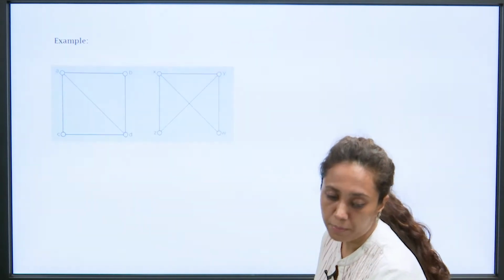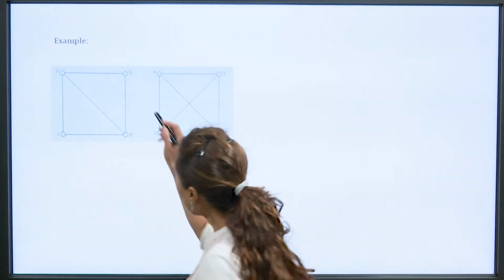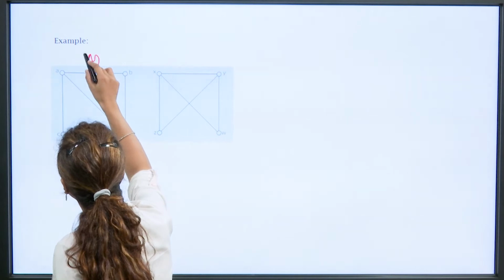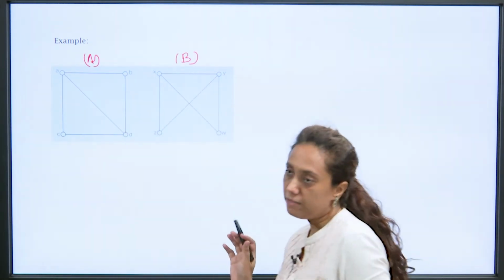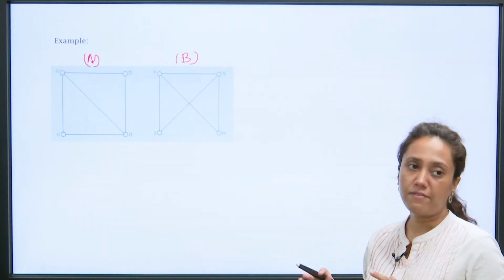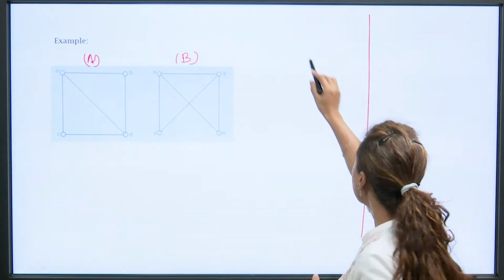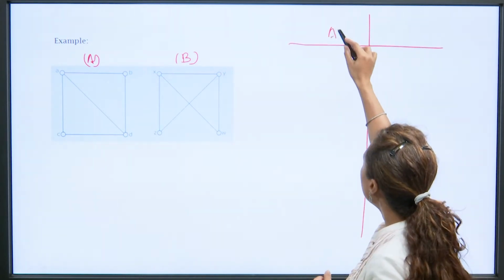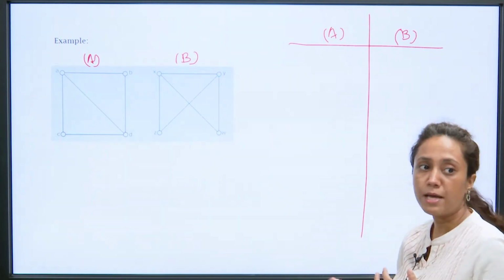So, we are going to compare 2 graphs and say whether they are isomorphic or not. This is graph A, this is graph B, right. We have to tell whether these A and B graphs are isomorphic or not. So, we will just compare. The first condition which we have seen is both graphs should have the same number of nodes, right.